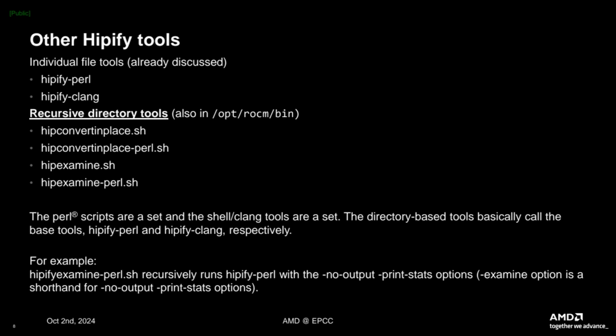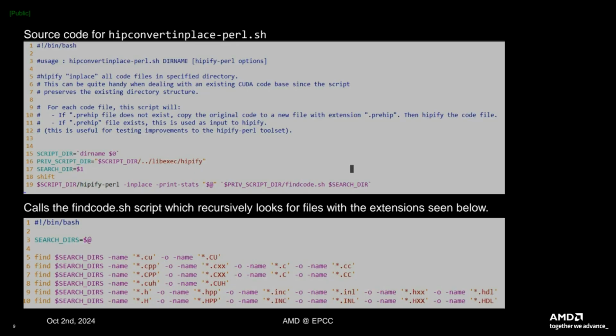For instance, the source code for hipconvertinplace-perl will look like this. And you can see that it calls the findcode.sh script that recursively looks for files that have, say, the .cu extension and so on. This is what you can see inside these recursive scripts.